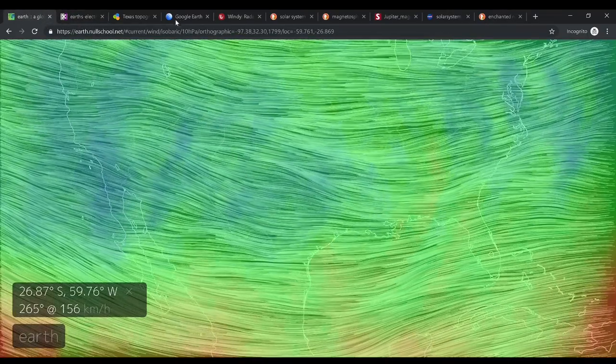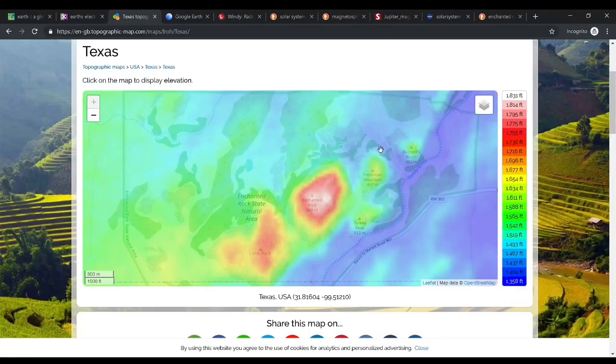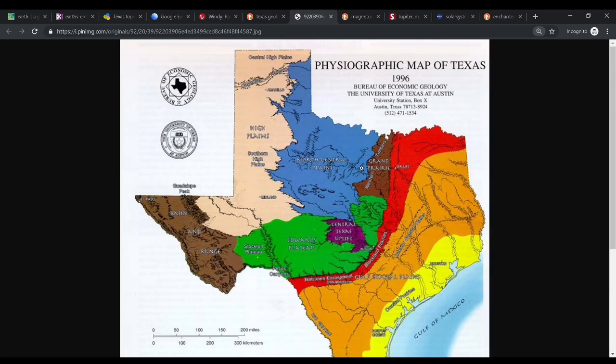Storms usually will be swirling around the geology. Look, Central Texas uplift. This is what I was showing you. Enchanted Rock is right about here. And this is just a big plateau here, and then we've got the North Central Plains, Grand Prairie area.